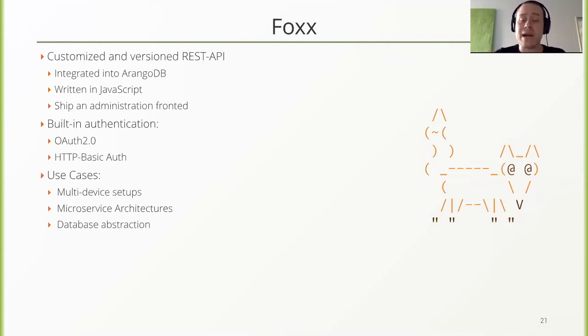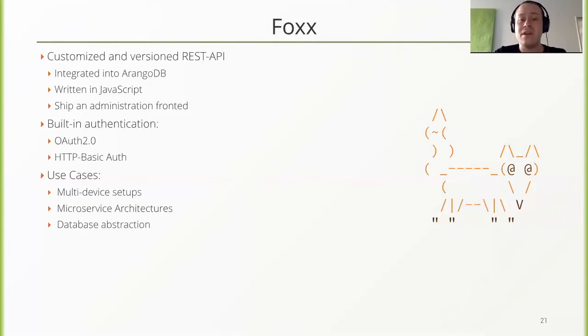Same holds true for microservice architectures. They typically talk to each other via HTTP. And if you just say the database is just another microservice, which has an endpoint which you can connect to, then the whole area of all the other microservices doesn't need to know that you're actually using a database, that you're using ArangoDB, and that you're using AQL. They don't care.